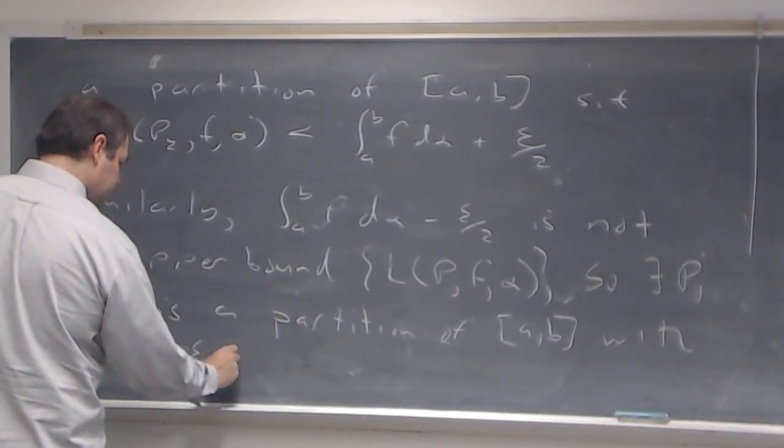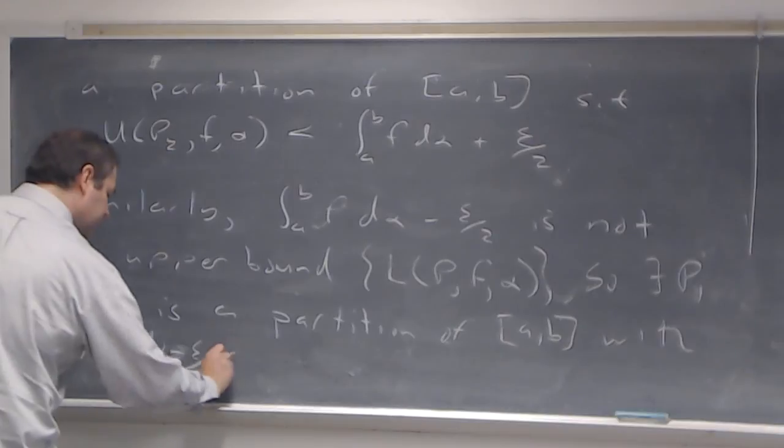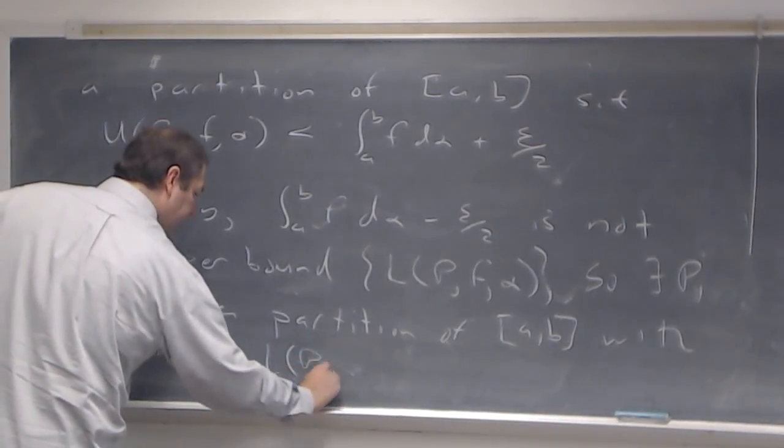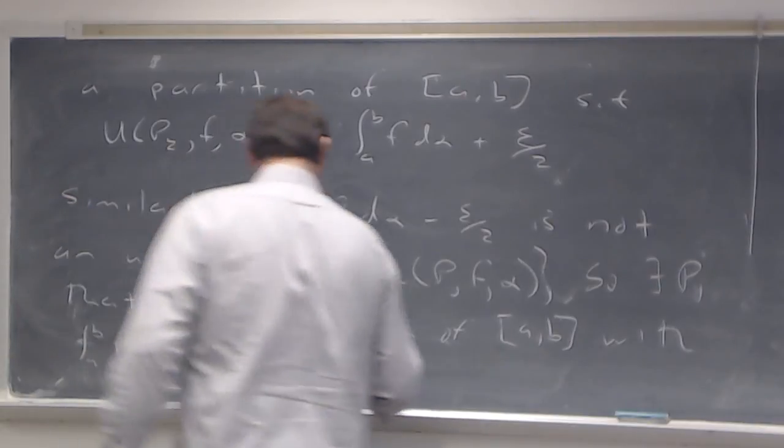Okay, it's not an upper bound, so it's got to be something bigger than that. And this is this lower sum, P1, F and alpha.